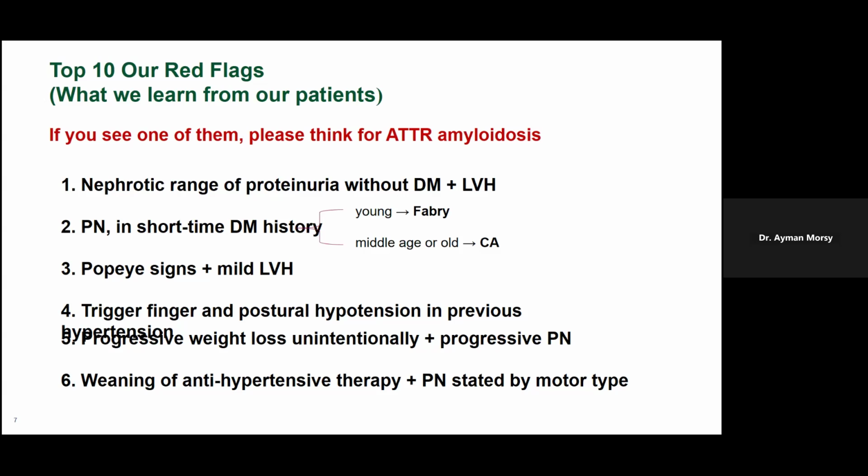If your patient has hypertension and is already on antihypertensive therapy, and needs to be weaned, so a patient on triple antihypertensive therapy whose BP becomes normal or low over time, so you try to wean the antihypertensive therapy, plus the peripheral neuropathy starts with motor type. Most of the time this is an infiltrative pathology in the heart, and one of them is cardiac amyloid. This I can say is a top red flag in our patients.